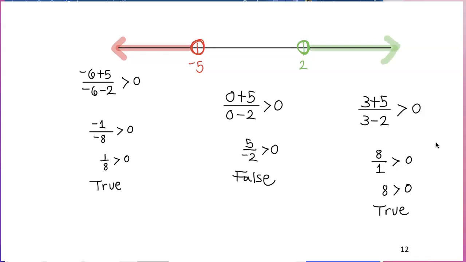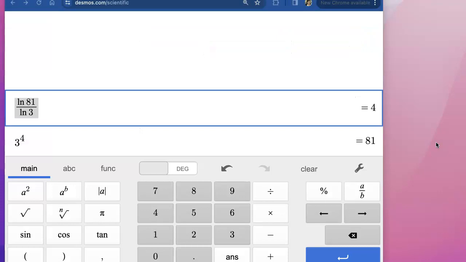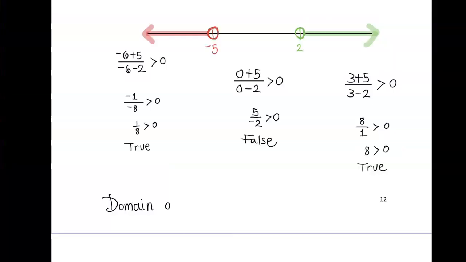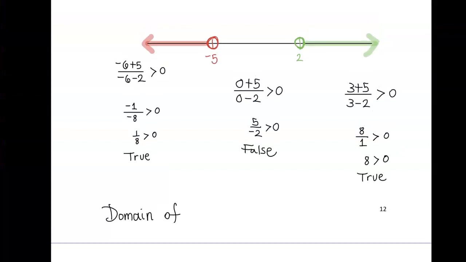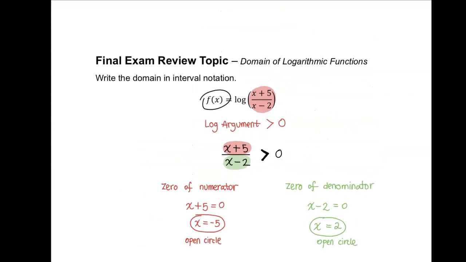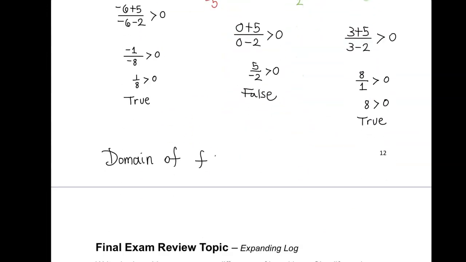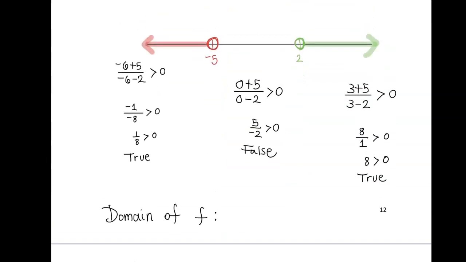So let's write the domain. Let's write the final answer. So the domain of, what was the name of this function? I forgot. Oh, f. Look, this was f, okay? So they wanted us to find the domain of f. Now, what's that equal to? Let's look at our inequalities.